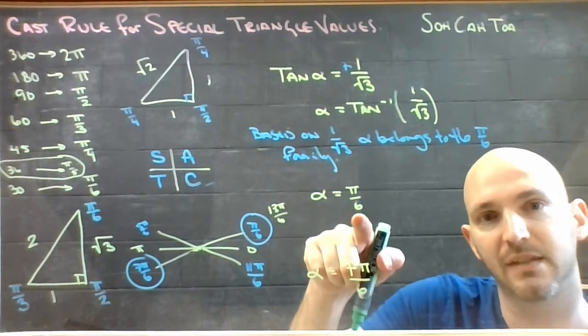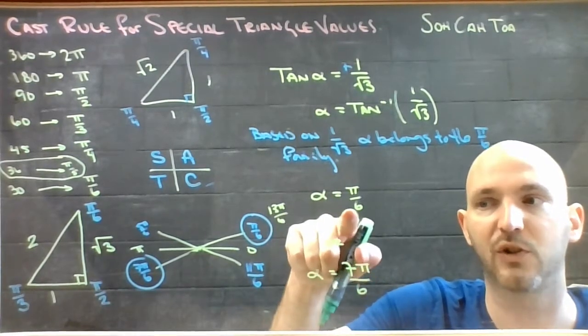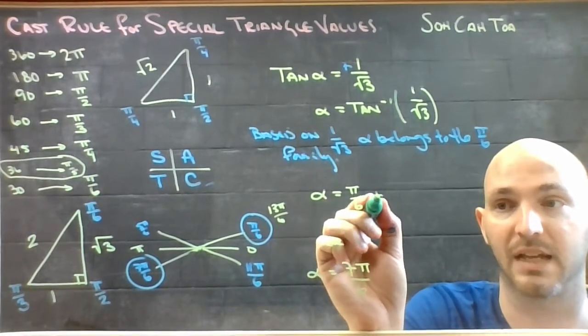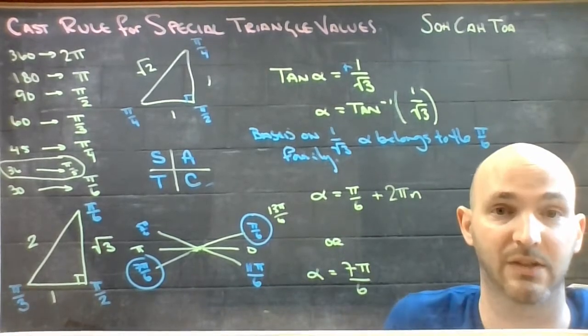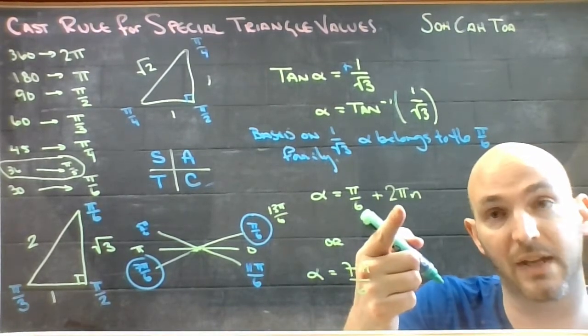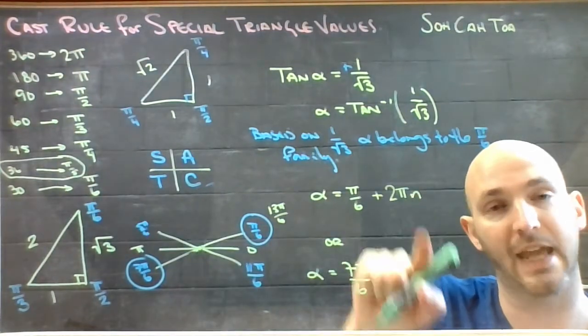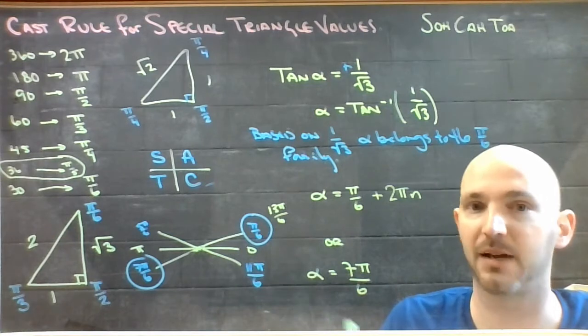So this is correct, but it's not quite enough. Alpha could be this position at pi over 6 plus any number of full rotations. There's 2 pi radians in a full circle, right? We had that at the beginning. And the n is just saying you can take it once or twice or 3 times, 10 times, whatever you want.